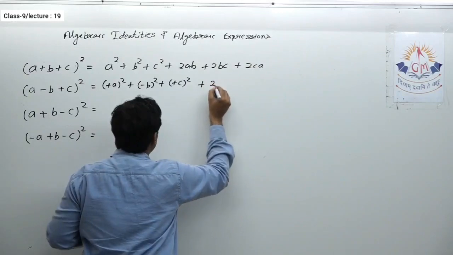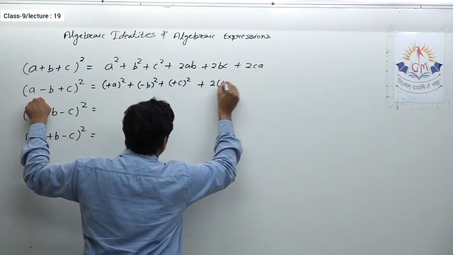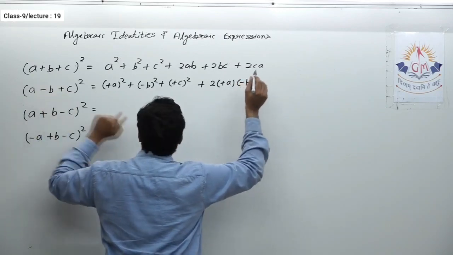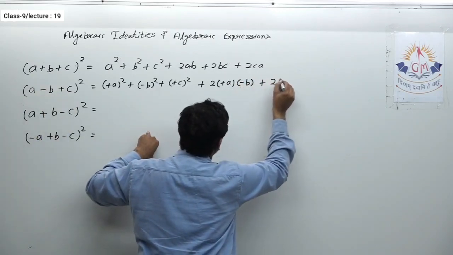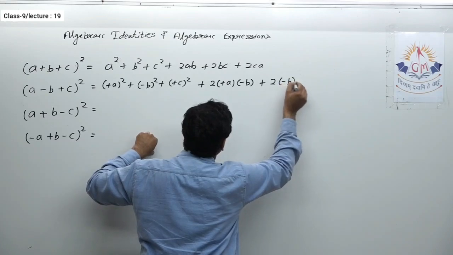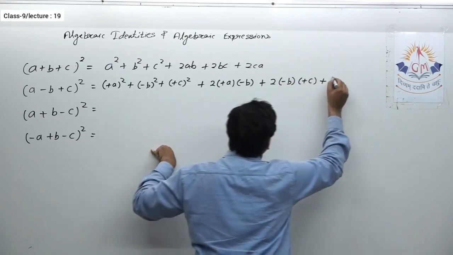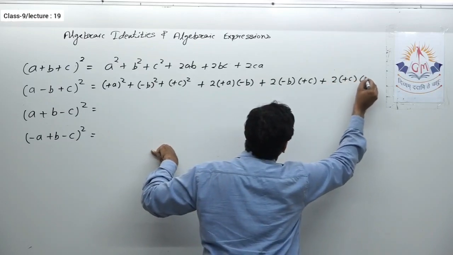Plus 2 into, at the place of a, positive a, at the place of b, minus b. Then plus 2 into, at the place of b, minus b, at the place of c, plus c. Then 2 into plus c plus a.